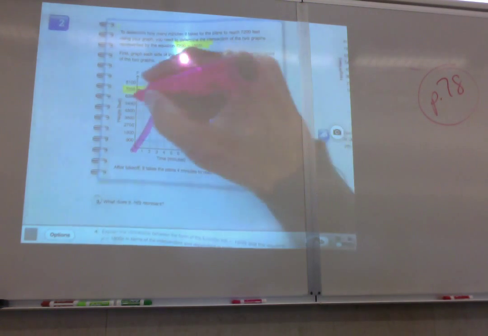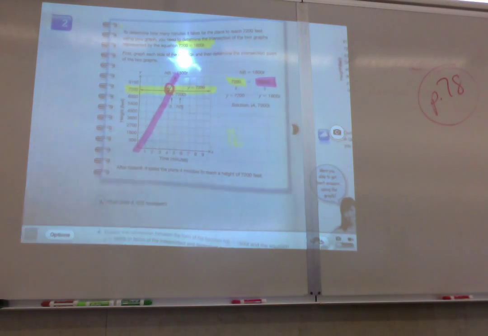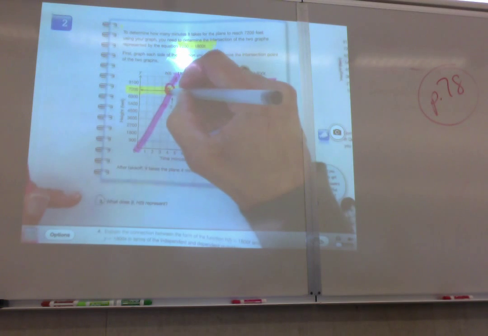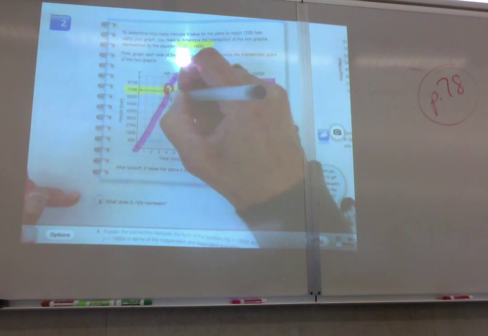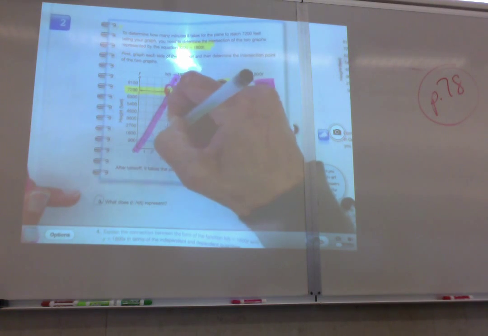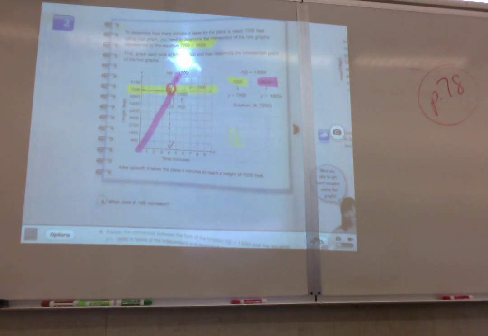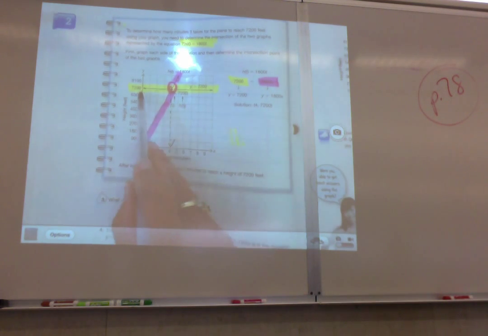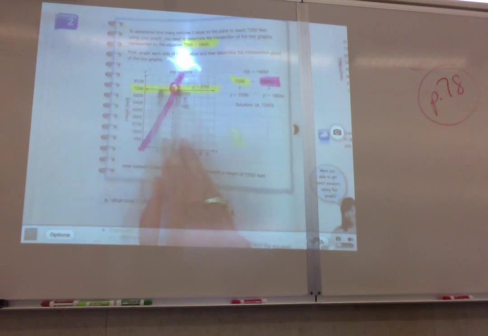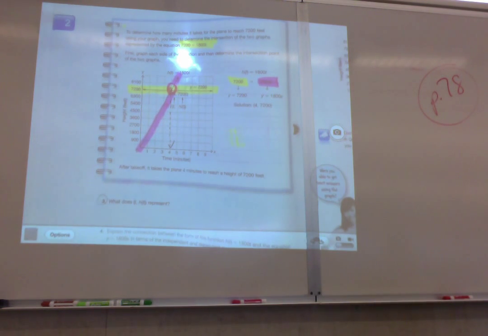What we have right here is the intersection point. Look down from there. What number is right below that intersection point? 4. So if we know the time or the height, we can intersect it to find the time.